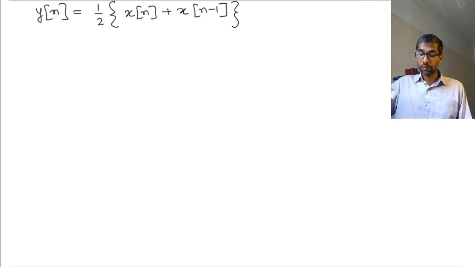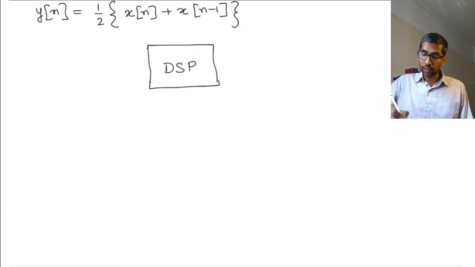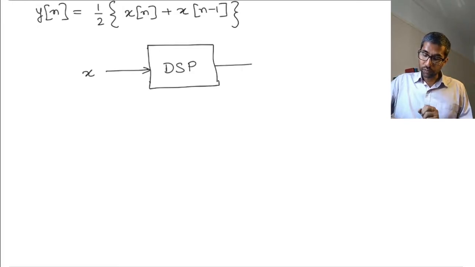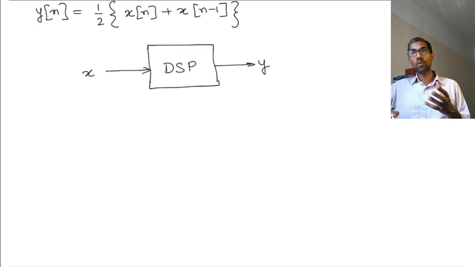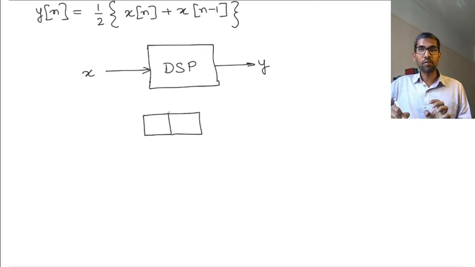Okay, so think of a system like this. Here's a system, my digital signal processing system. I'm going to write it as a DSP, and the input is x. The output, of course, is y. The way this DSP works is that it has memory, let's make it easy and say 2 bits of memory.